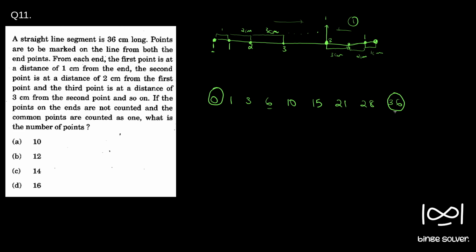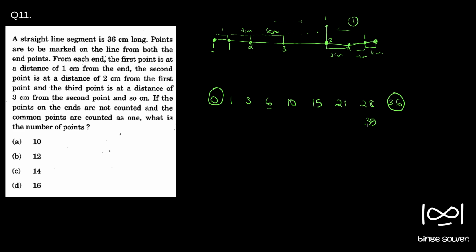We will subtract 1 centimeter from here. Since it is 1 centimeter from this end, instead of writing 1 we will write 35. Why? So that we can find the coinciding points easily.